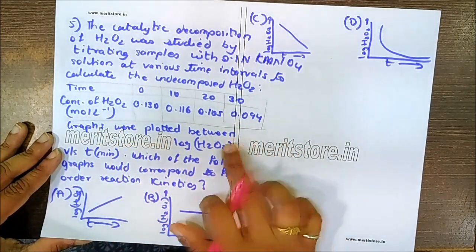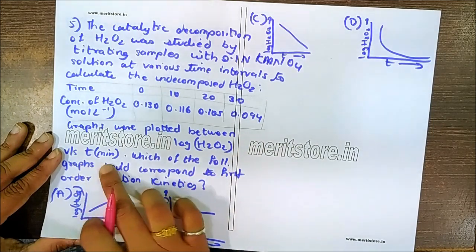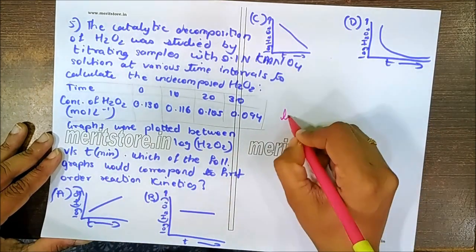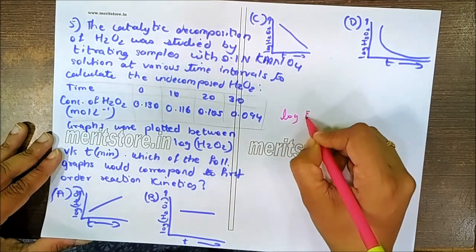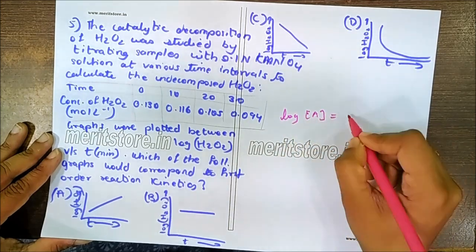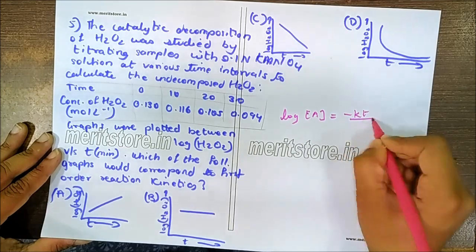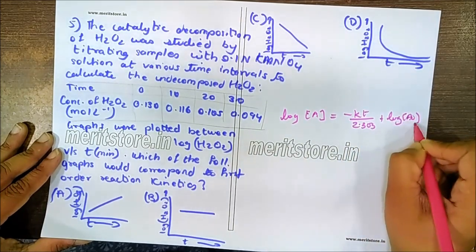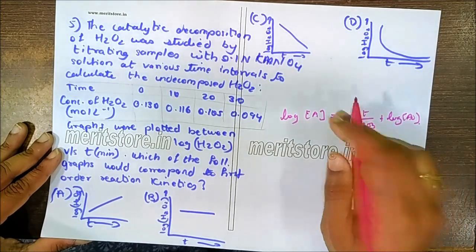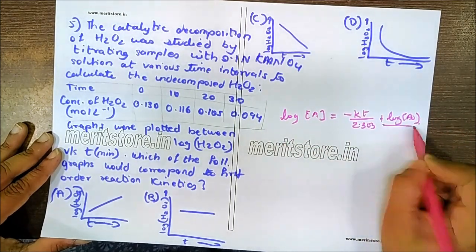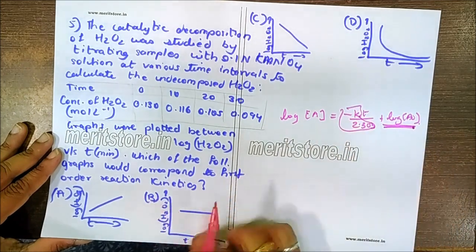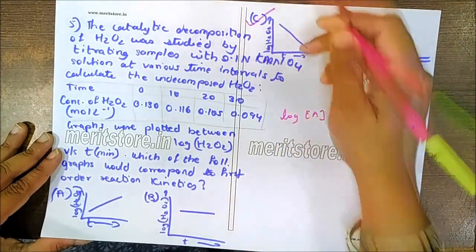The graphs were plotted with log of H2O2 versus T. For a first order reaction, the log of the concentration of A is equal to minus KT upon 2.303 plus log of concentration of A0. Here we expect the graph to be decreasing with a negative slope, and this kind of graph is option C.